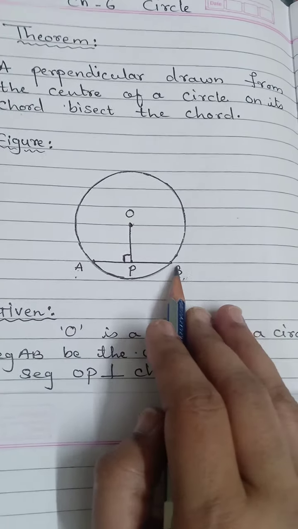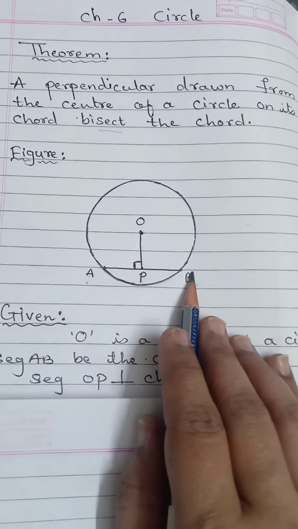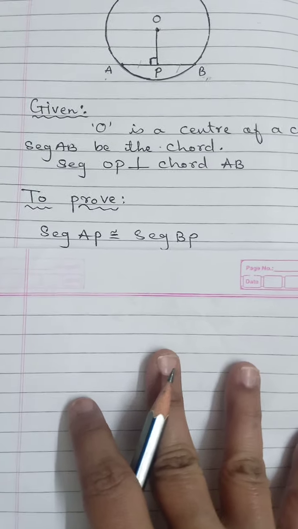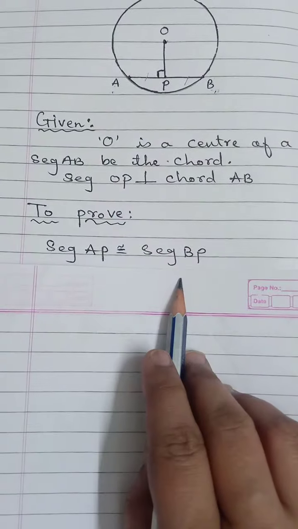Segment AB is nothing but the chord. That means A to P and P to B will be equal. That we have to prove, that AP is equal to PB. So, now we will see what will come as to prove. So, here to prove is segment AP is congruent to segment BP. This we want to prove.